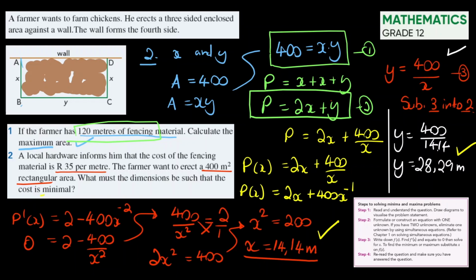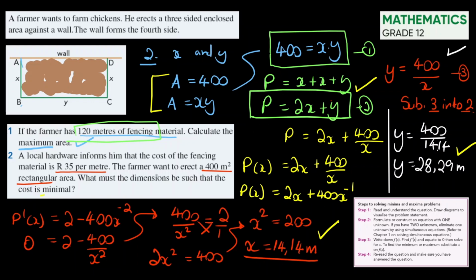And we would have really answered the question, because we were given the area. The area we were given was 400, as in here, and we used that area to substitute into the perimeter equation, where P was equal to 2x plus y, and we solved these equations simultaneously.